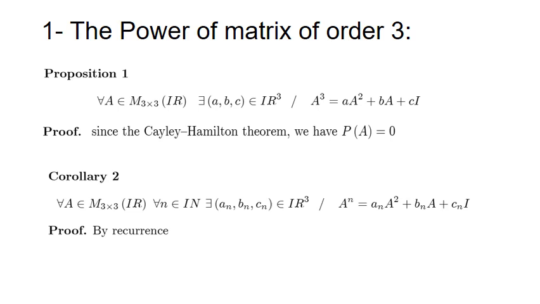First, the power of a matrix of order 3. Proposition: for every A matrix 3 by 3, we have this relation, the third power of A, because of the Cayley-Hamilton theorem, because we always have P_A(A) equal to 0.